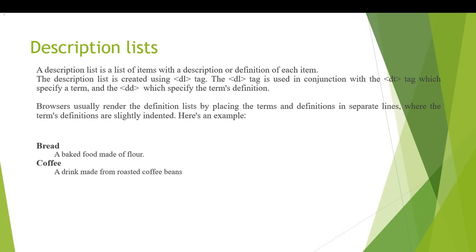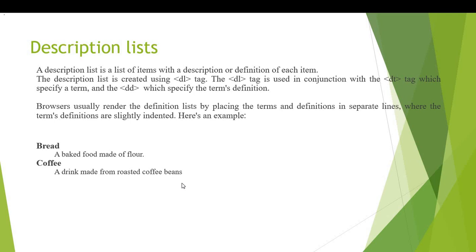Browsers usually render the definition list by placing the terms and definitions in separate lines, where the definitions are slightly indented. For example, bread. The definition of bread, slightly indented, is a baked food made of flour. Next is coffee, a drink made from roasted coffee beans.